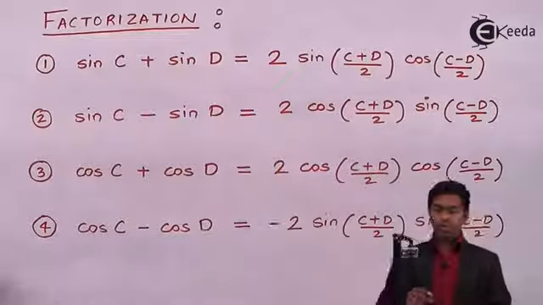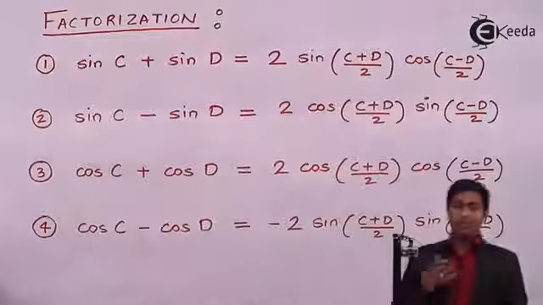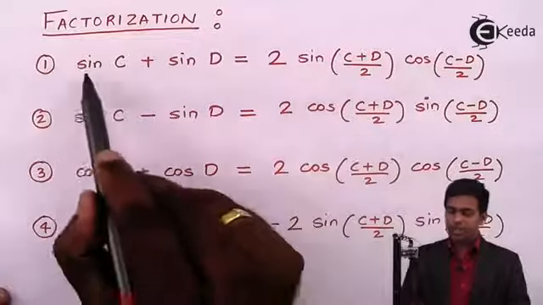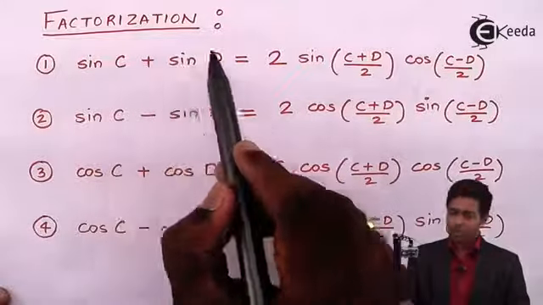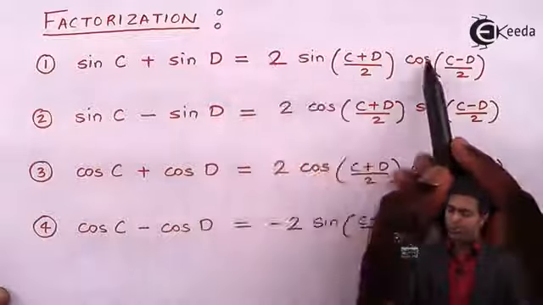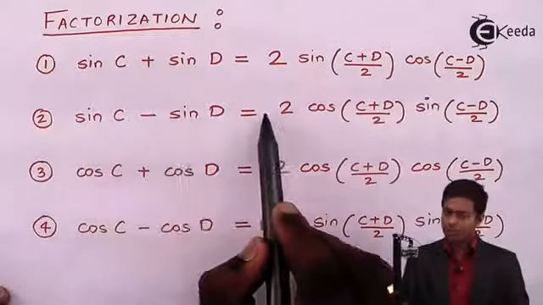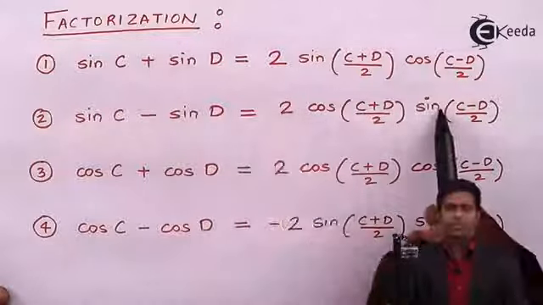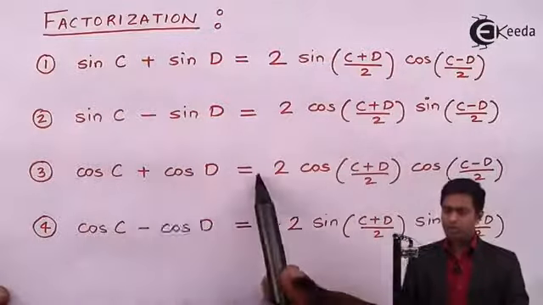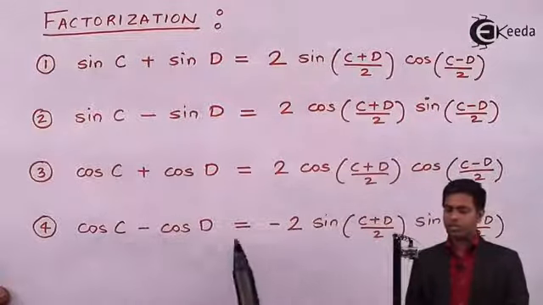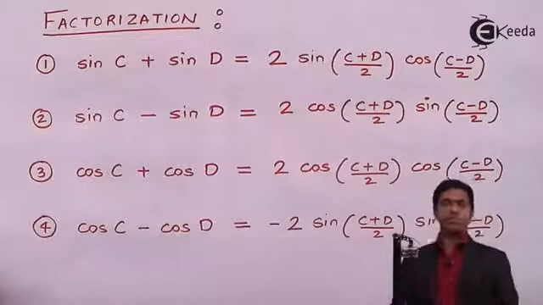So in short, if we remember the different part, it will be sin plus sin equal to 2 sin into cos. Next, sin minus sin is equal to 2 cos into sin. Next, cos plus cos is equal to 2 cos into cos, and cos minus cos is minus 2 sin into sin.